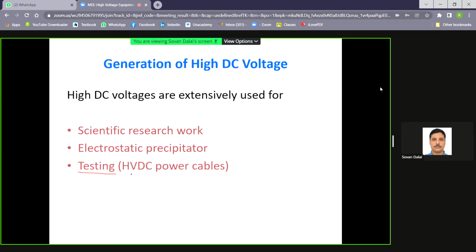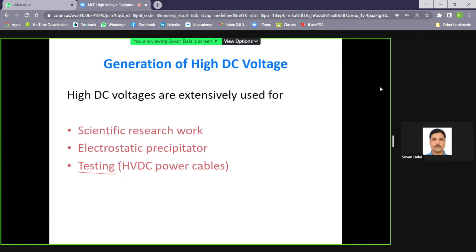Suppose both high voltage AC and high voltage DC are available, but generally we use DC high voltage for testing the quality of power cable.